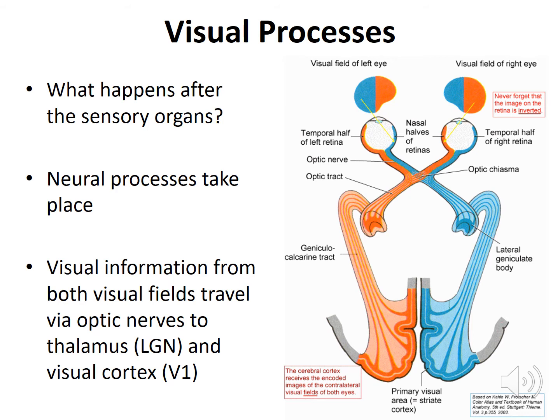So what this design principle also implies is that the primary visual areas receive the images of the contralateral visual fields from both eyes, which is illustrated here in the color. You can trace that back.